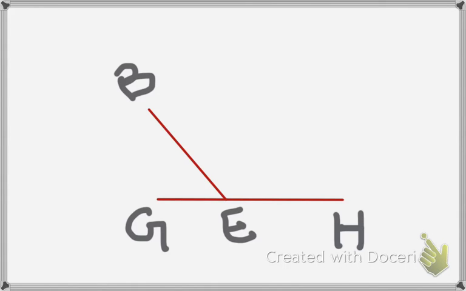So both lines are intersecting, but they are not forming the angle of 90 degrees. Why? Because they are forming an angle that is greater than 90 degrees. They are not forming an angle equal to 90 degrees. No, they are forming an obtuse angle. So BE is not perpendicular to GH.